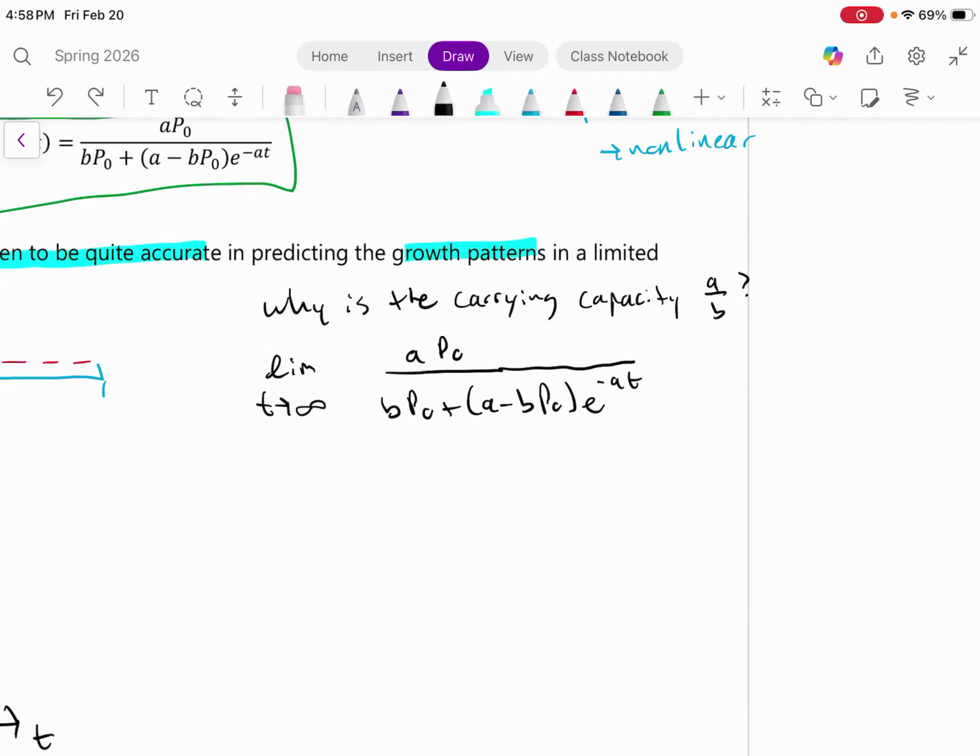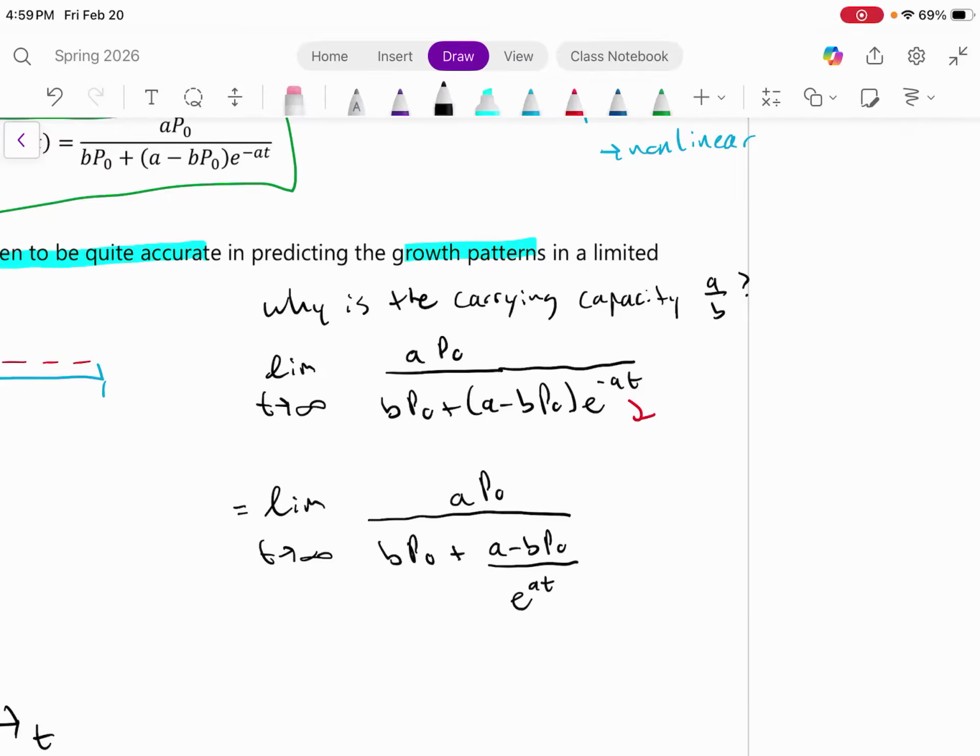So if we take the limit of this solution, what could we do? Well, I'm going to take my e^(-at) and move it down into the denominator. So we get the limit as t goes to infinity of aP0 all over bP0 plus (a - bP0) all over e^(at). So we're solving a limit.